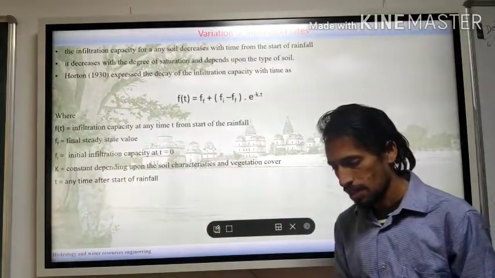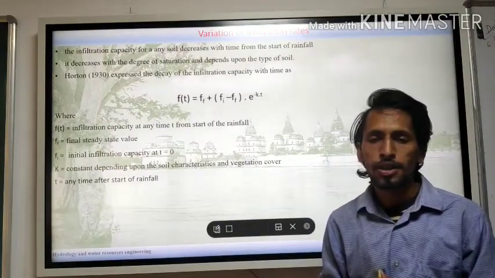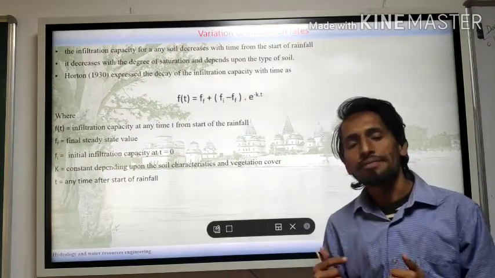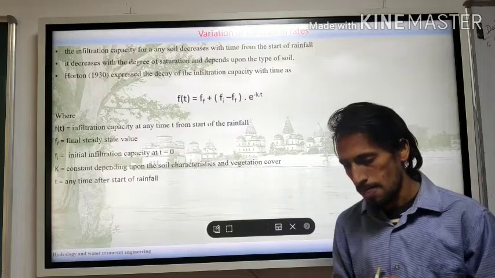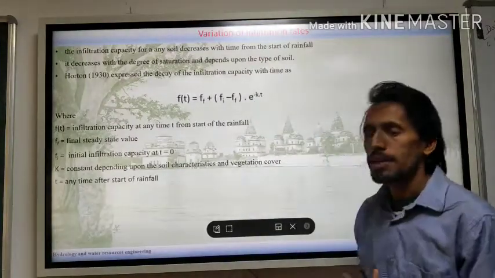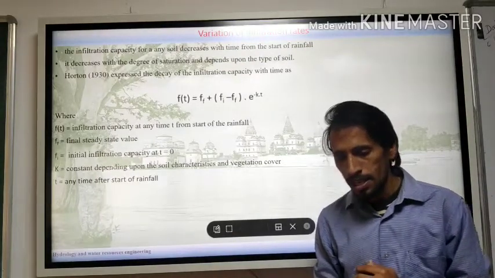Now how do these rates change, or how are these rates defined? For this we have a topic called variation of infiltration rate.